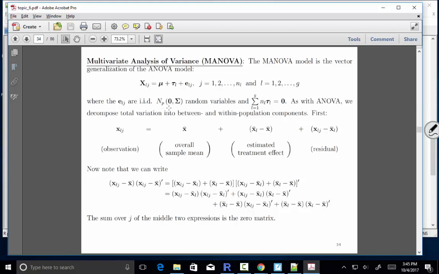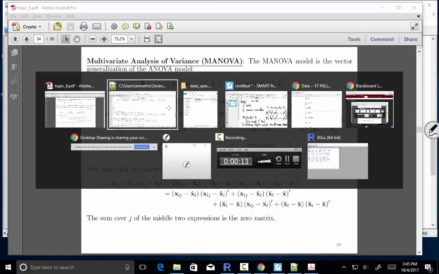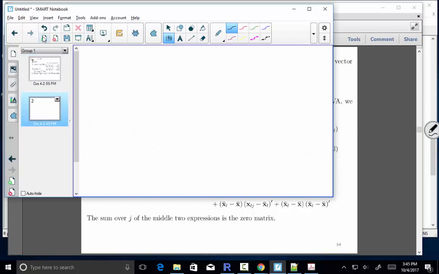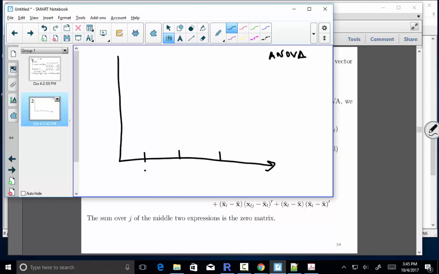Another key assumption in ANOVA is that the variances are the same in each of the groups. Let me draw our side-by-side box plots one more time. We have a categorical factor that takes 3 or more levels, and then we have a response variable.